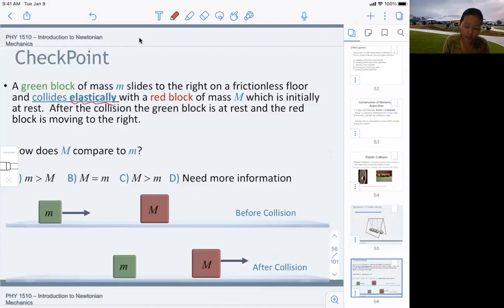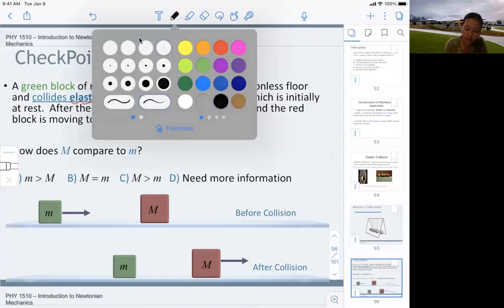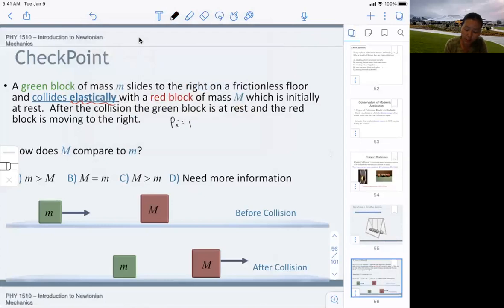If we use conservation of momentum, P initial equals P final. The system is m and M together. Initially, only one is moving and the other is at rest with 0 momentum, so the momentum of the system initially is just mv.